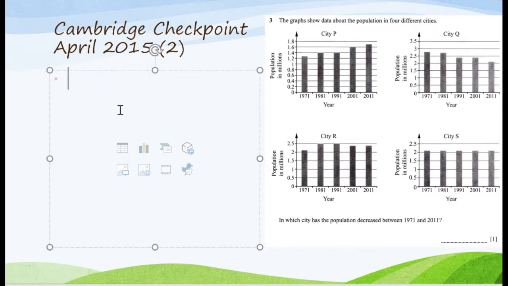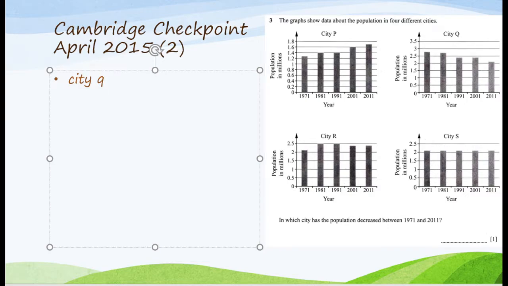Okay, so the answer here, because decreasing, the best answer for this is CTQ. Now, if they ask you, for example, the population increase, the best answer will be CTP. And if the population is consistent between those two years, then the best answer will be CTS.